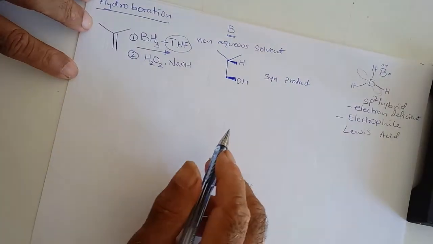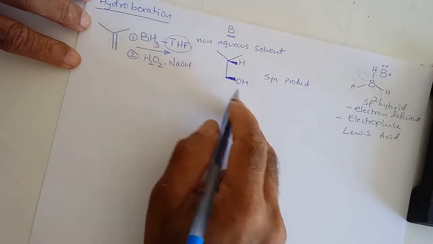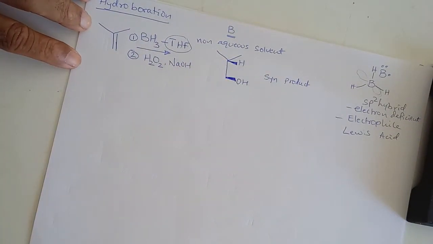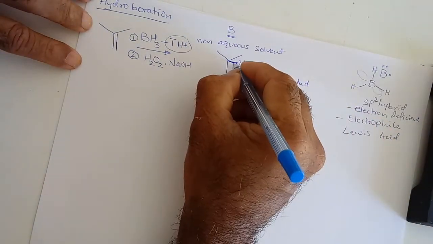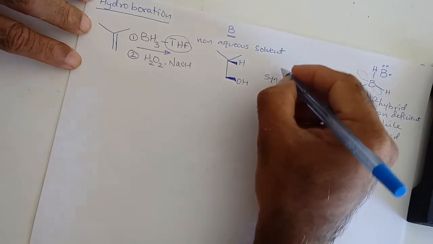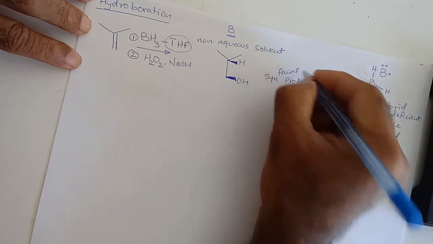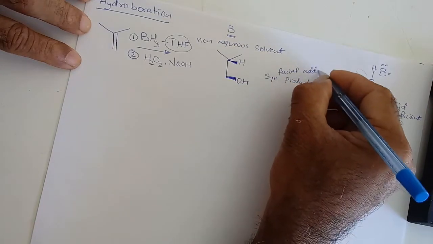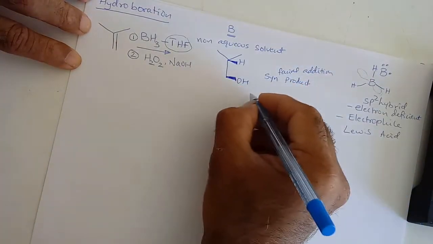In the previous 2 examples of hydration, we didn't really worry about H and OH, or we could not find out because there was a 50-50 chance because H was not offering any resistance. In this case, we have a syn facial addition. But it is anti-Markovnikov.